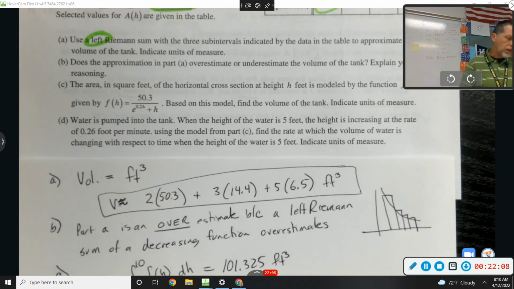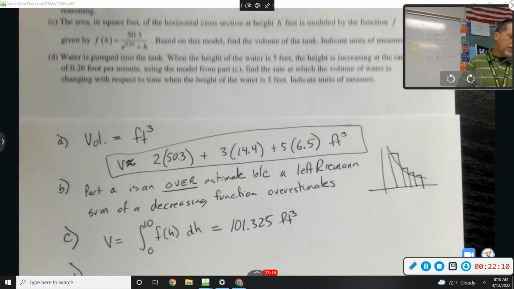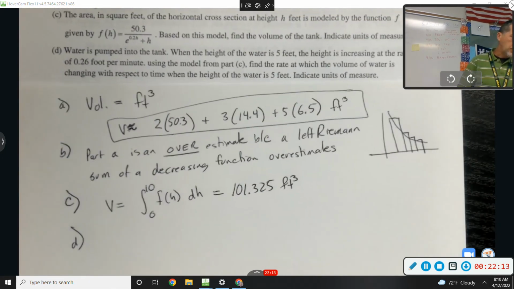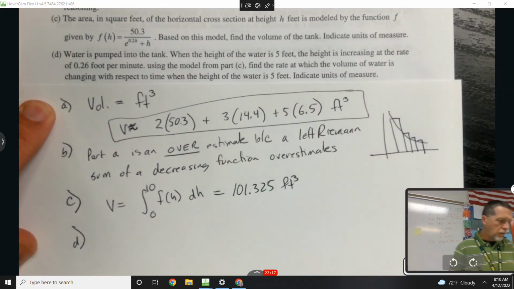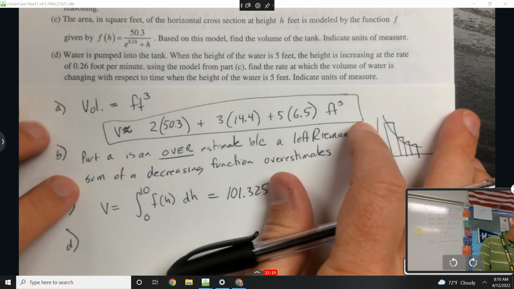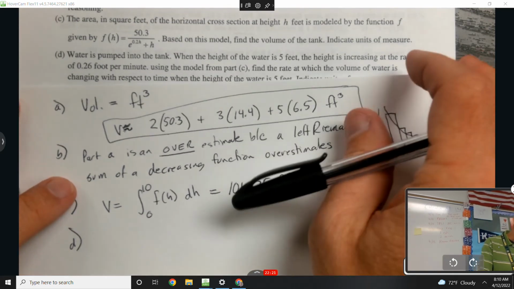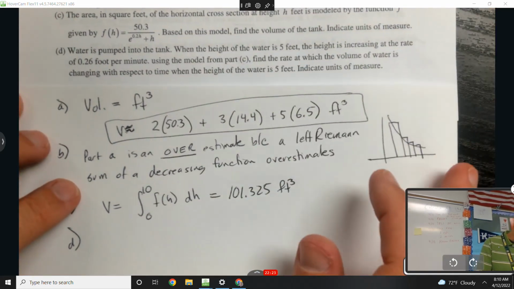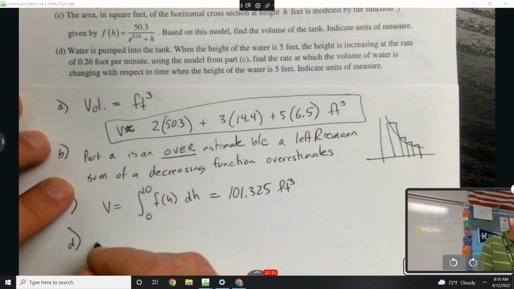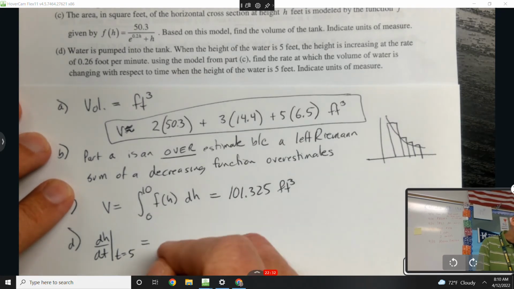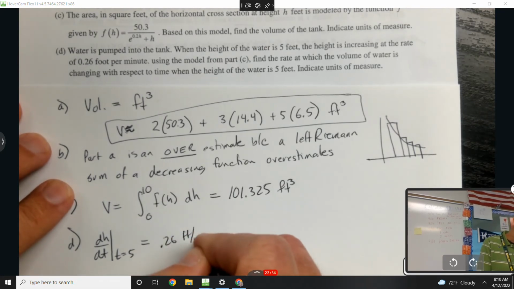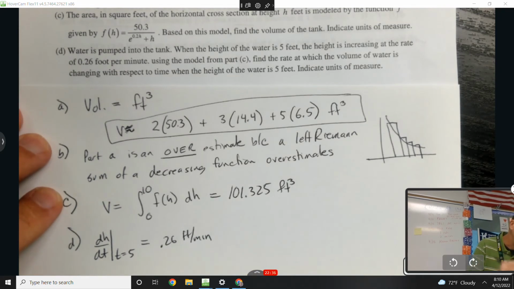Keep rolling. Water is pumped into the tank. Uh-oh, the old part D question here. When the height of the water is 5 feet, the height is increasing at a rate of 0.26 feet per minute. So dH/dt at t equals 5 is 0.26 feet per minute. I assume it's going to matter.